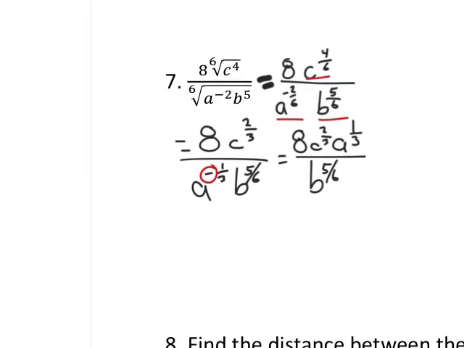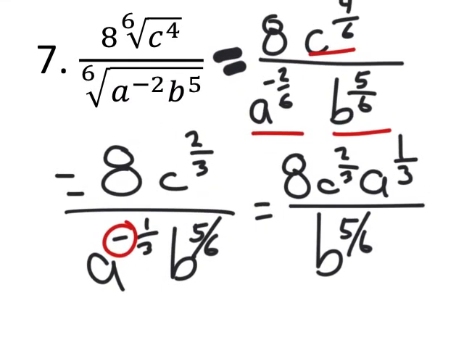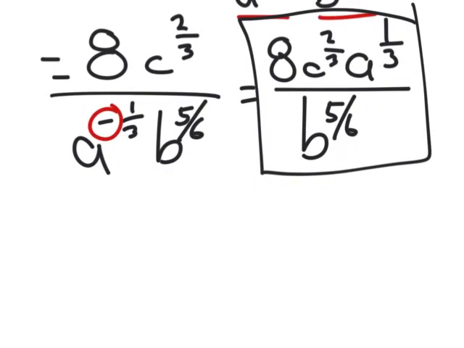It didn't really say. So technically we could leave this just as it is, but some of you may prefer to write this in radical notation. Again, I can keep it like this if I want.